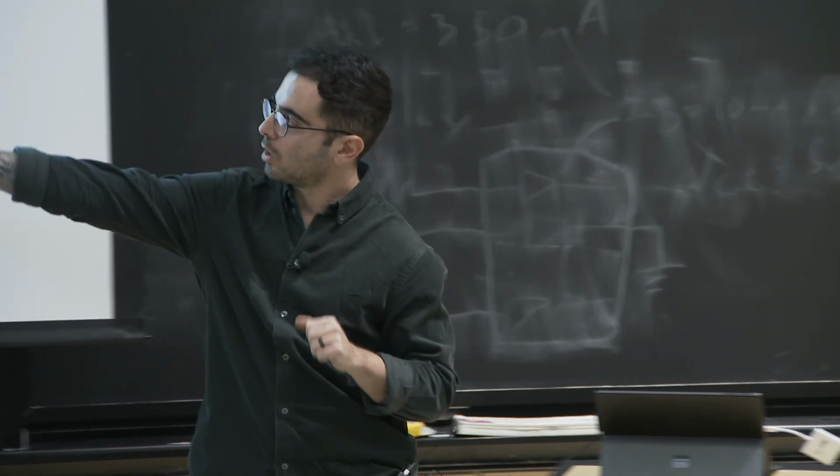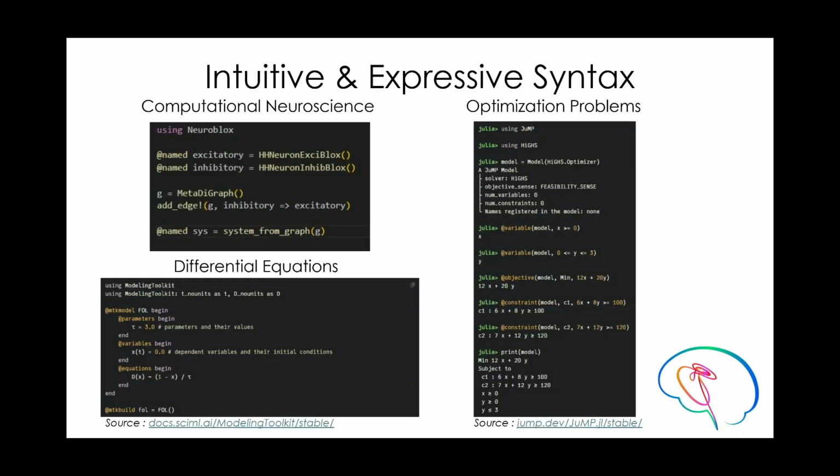For instance, on the bottom left, you can see differential equations where you can type in a system of differential equations symbolically, right? That comes from ModelingToolkit that Helmut mentioned as well. So Julia is able to parse those symbols, and it eventually creates this differential equation system because of these macros that you can see, the @variables and @parameters, for instance, and @equations.